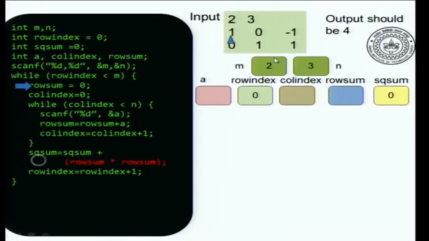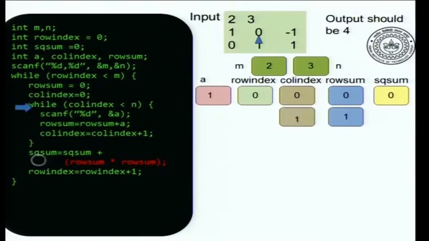Now you initialize row sum equal to 0, column index equal to 0, and while column index is less than n, you scan the next number, which is 1. Okay. Add a to the row sum, so row sum becomes 1.